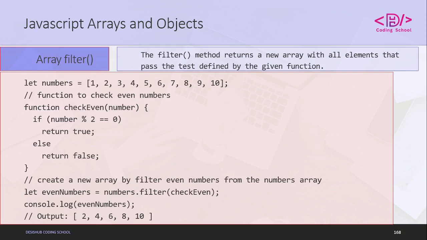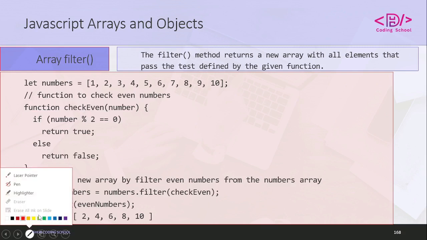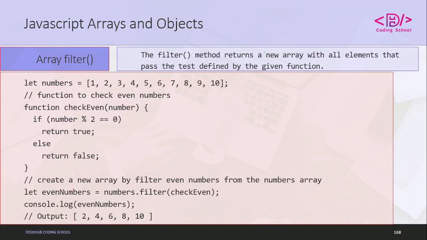So the key points to note: it returns a new array with all elements that pass a test defined by a given function. So it also takes in a callback function, and it will only return the numbers that pass the test given in that function.